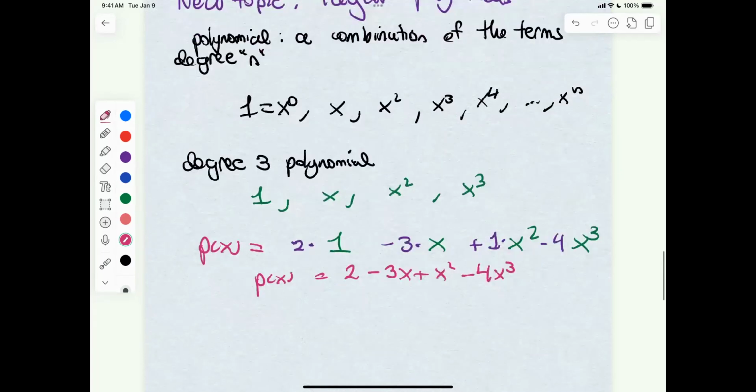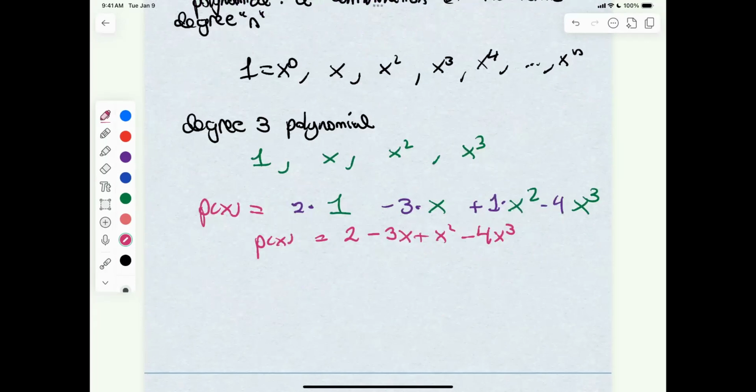I'm writing it this way to emphasize that you take these quantities, which are called monomials, different powers of x, choose your favorite numbers and combine them together. This is what's called a linear combination, because you multiply the terms by constants before adding them together. If you ever take linear algebra, it's the same sense in which they talk about linear combinations.